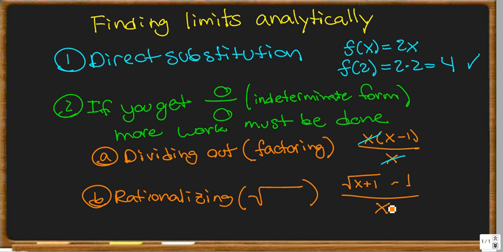Right? If we were to plug in 0, we would get 0 over 0 again. Well, rationalizing is all about finding your square root, and you're going to multiply by the conjugate of that, which is the same thing, but with a plus sign or a minus sign, depending on what you have first. So it would be something like this.